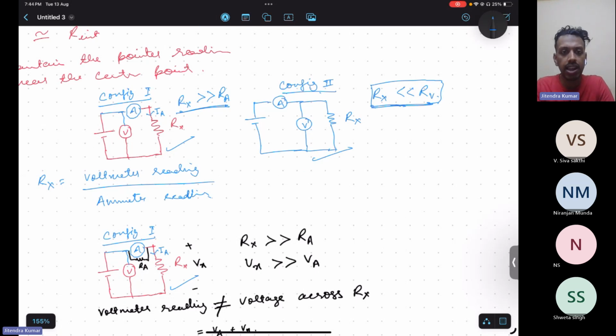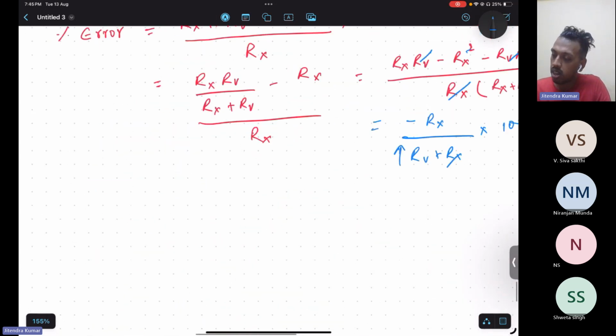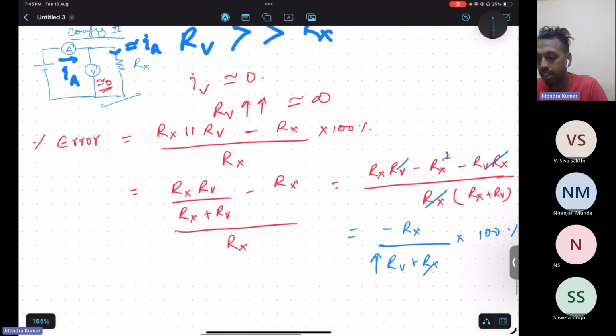Now, the last topic is the measurement of AC quantity with PMMC. So we know that PMMC only measures DC quantity, but what happens if we use PMMC for AC quantity? I hope there is no doubt related to the error for both ohmmeter configurations. We'll solve some problems based on these topics.